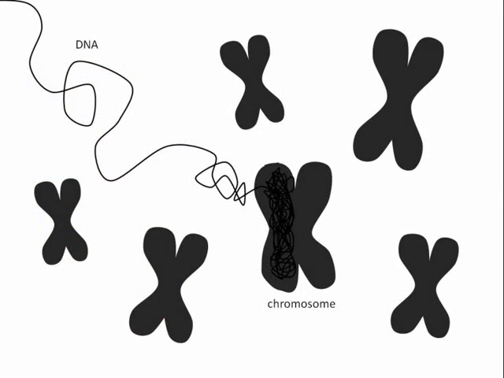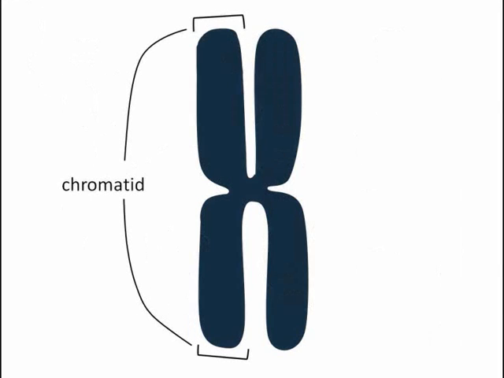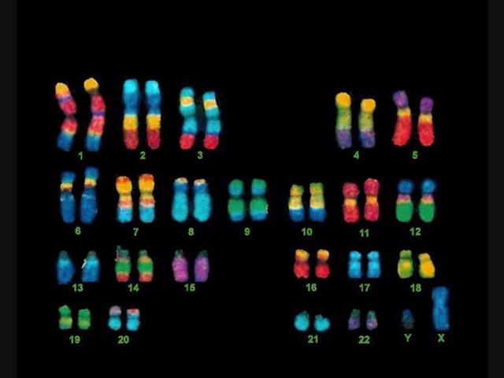Chromosomes offer a method in which genetic information can be condensed and compacted effectively. They often exist in pairs. Each half of a chromosome is called a chromatid, and 2 sister chromatids are joined together at the centromere. Whilst different organisms have different numbers of chromosomes, human DNA is packed into 23 chromosomal pairs.